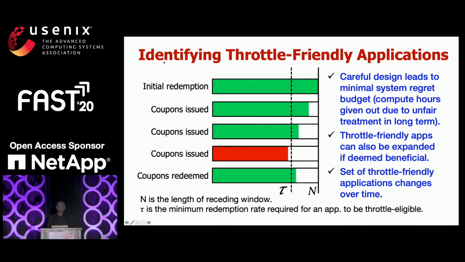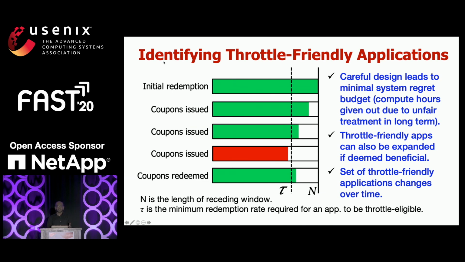As long as the redemption rate is greater than the tau factor, as is shown with the dashed line, they are considered throttle-friendly applications, because the system is fairly confident that if the redemption rate is greater than tau, then it will be able to give coupons back to these applications at a later point. But once a lot of coupons are issued and the redemption rate goes underneath tau, the system stops issuing coupons to that application because that application is no longer throttle-friendly.